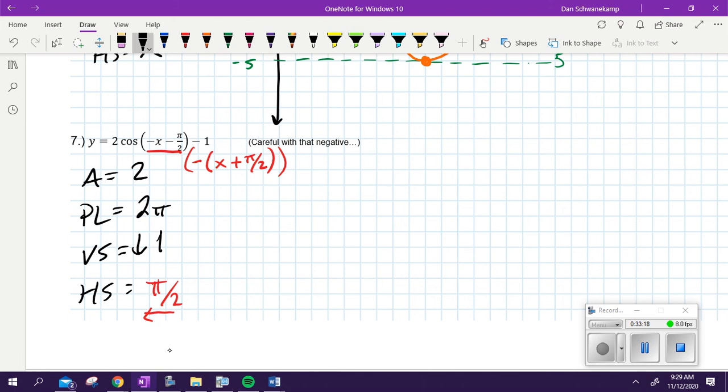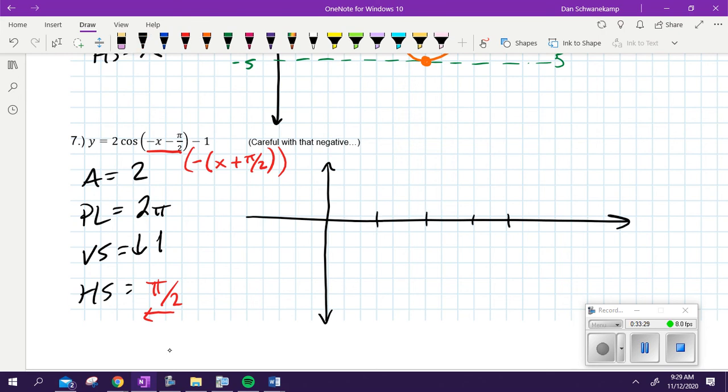I'm going to graph it super quick here so we can see it. So 1, 2, 3, 4. This guy's 2 pi, pi, and so on. Down 1 is my midline. Amplitude is 2, so I'm going up 2 and down 2.